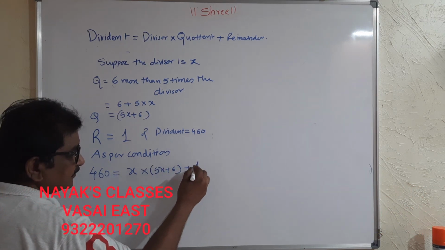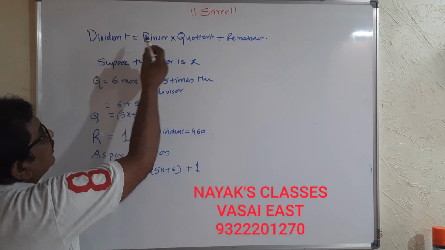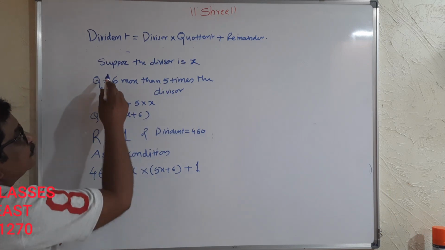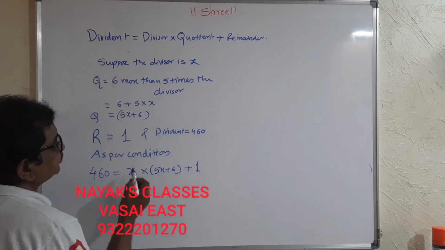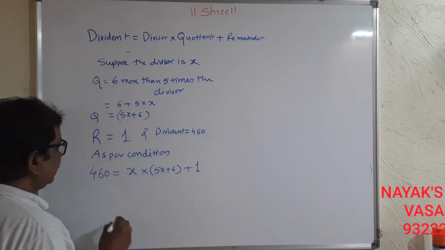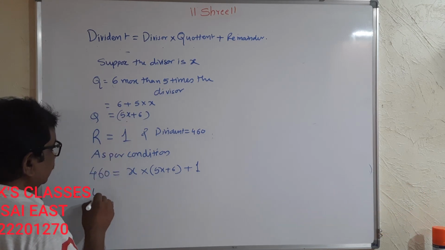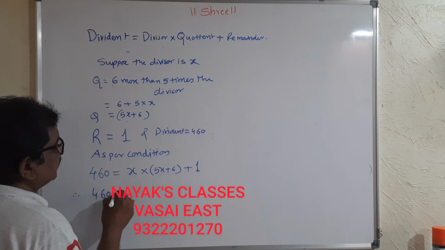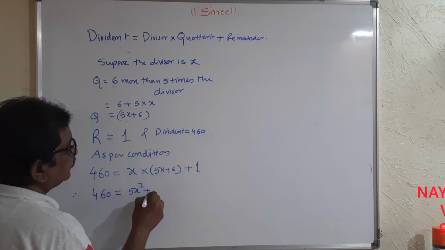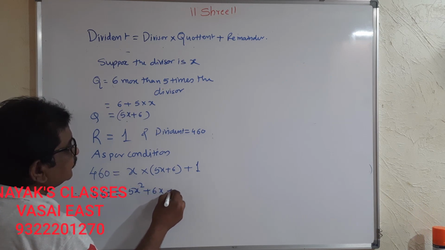Correct? Dividend is equal to divisor into quotient plus remainder. So suppose the divisor is x, the quotient becomes this, and the remainder is 1. Therefore 460 is equal to 5x square plus 6x plus 1.